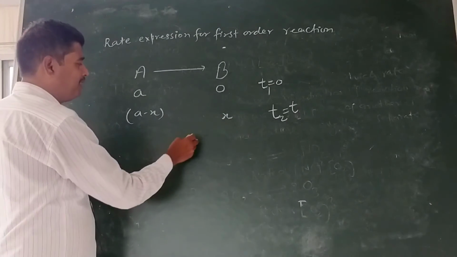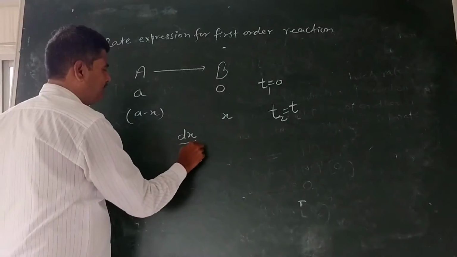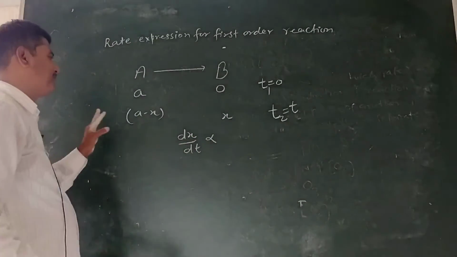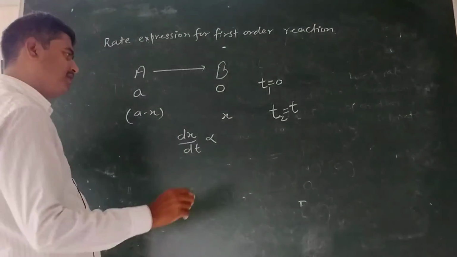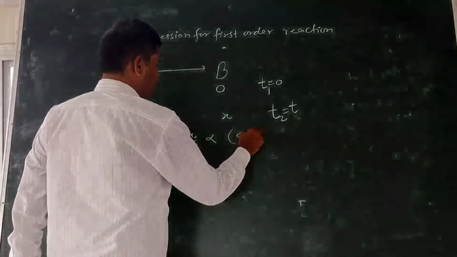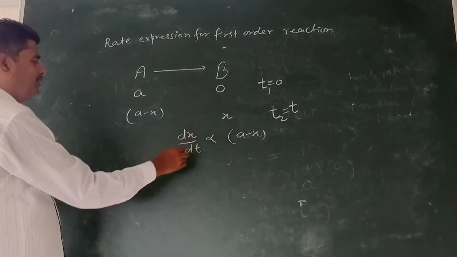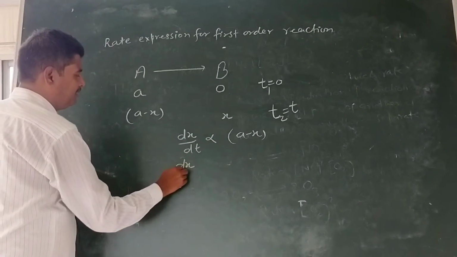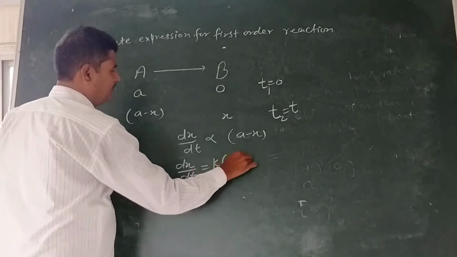The rate of formation of product, that is dx upon dt, is proportional to the remaining concentration of substrate, a minus x. Or dx upon dt is equal to k times a minus x.